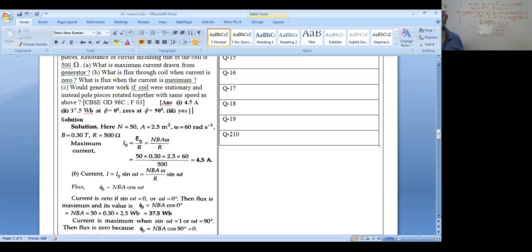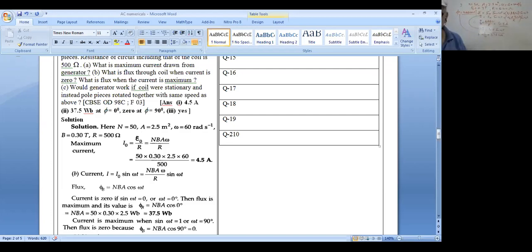So if we define Faraday's law again: whenever there is a change in the flux linkage because of the relative motion between the two. Either this comes closer or that comes closer, or both come closer and go away.